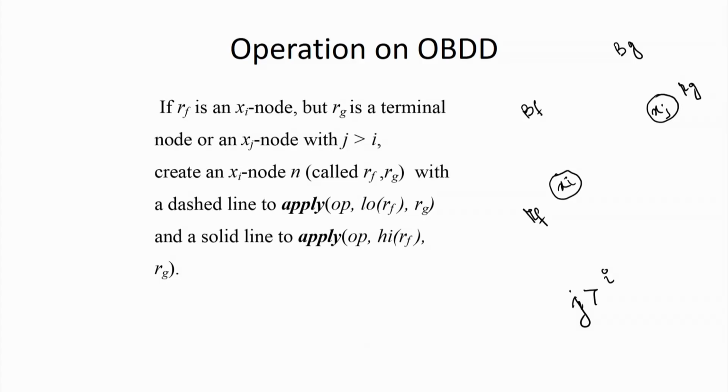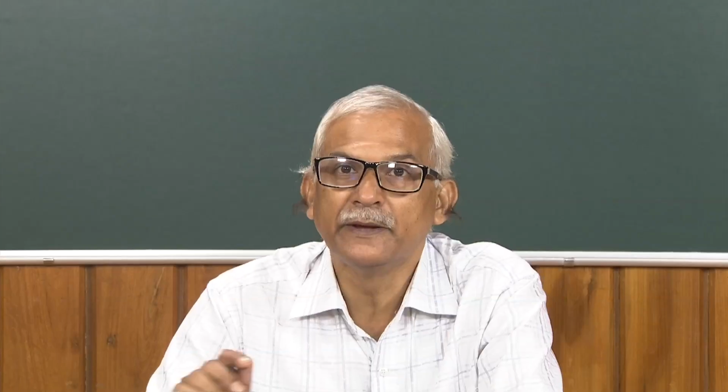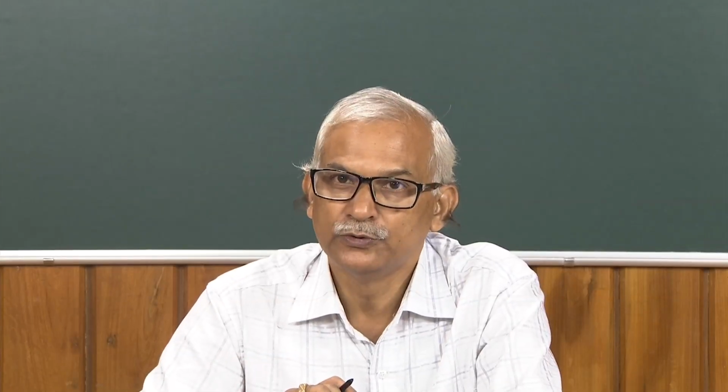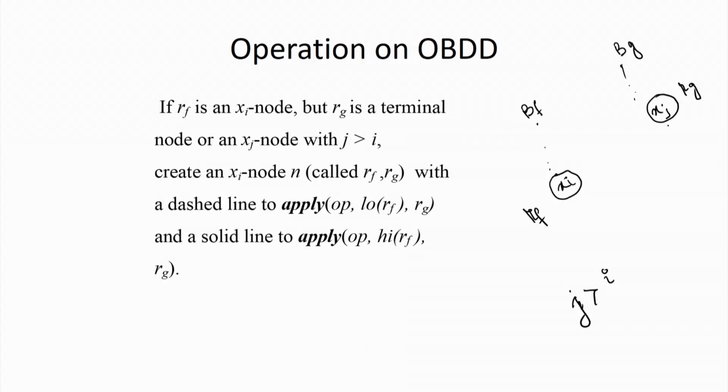So what does it mean? From the start we get some Xi node in one and some Xj node in the other. When we come to this point, since j is greater than i, we do not have any Xi node before that. So in this evaluation, it may be independent of Xi, which is why Xi and Xj come together.